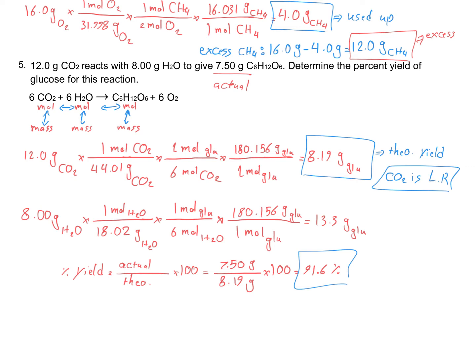So CO2 gives you less product, therefore CO2 is the limiting reagent, and the mass of product with CO2 is the theoretical yield. So 8.19 gram of glucose is your theoretical yield, and your actual yield is already given in the question, it's 7.5. So we just divide the actual by theoretical times 100, and that is 91.6.